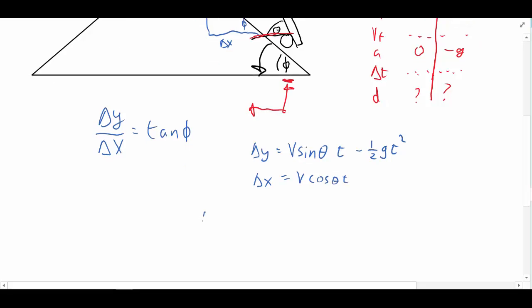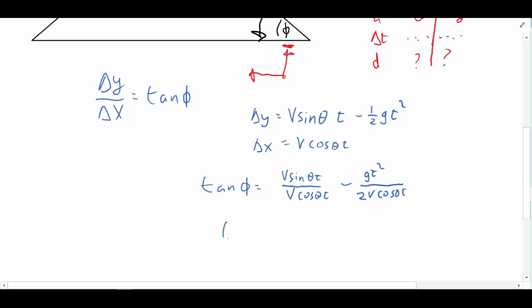So if I want to know what tangent phi is, I would just divide delta y divided by delta x. And that first term, I'm going to have a v sine theta t divided by v cosine theta t. The second term is going to be a g t squared divided by 2v cosine theta t.